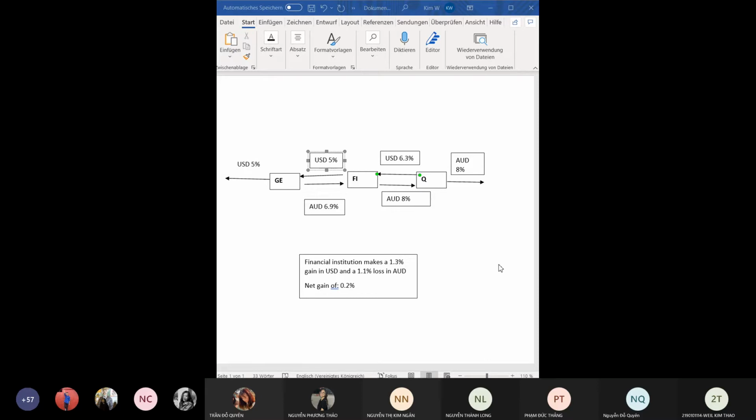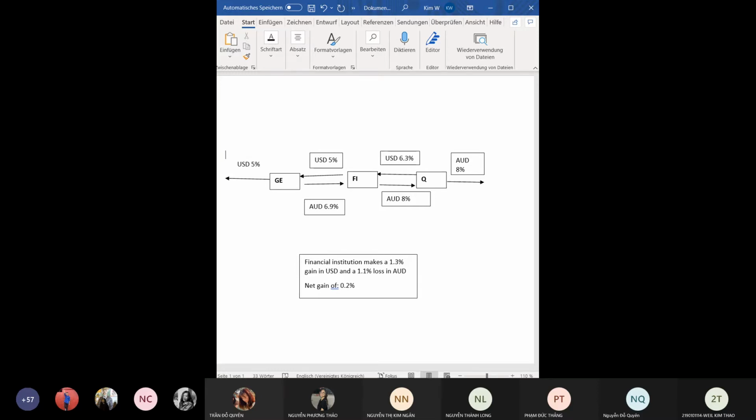For some cases it could be possible, but for some cases we would not be able to assign it directly to one currency, and instead it might be the difference. It is probably a loss in Australian dollars, but a gain in US dollars, and then we calculate the commission as the net gain, the difference between the commission in US dollars and in Australian dollars.